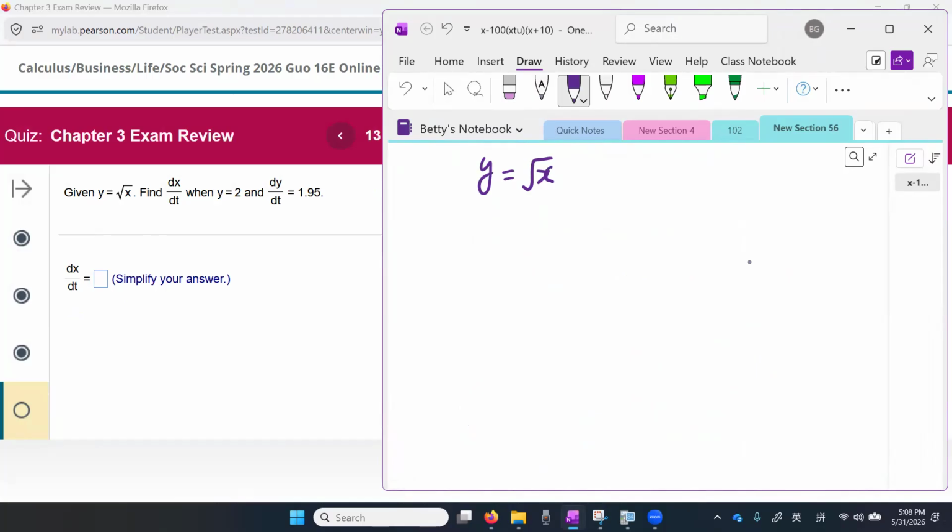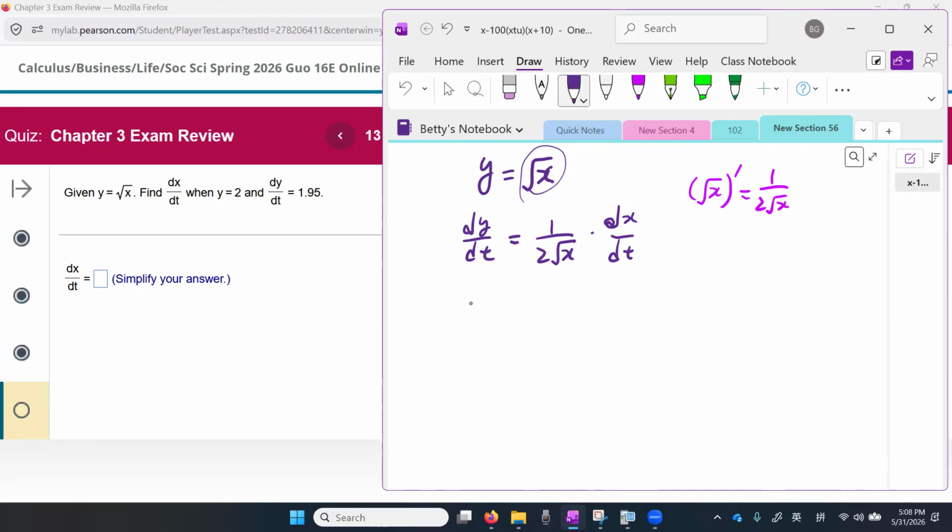So dy/dt, right side we have to take the derivative of root x with respect to x, and then take the derivative of x with respect to t. So it's chain rule actually, 1 over 2 root x times dx/dt. I mentioned how important it is to remember this formula, right?